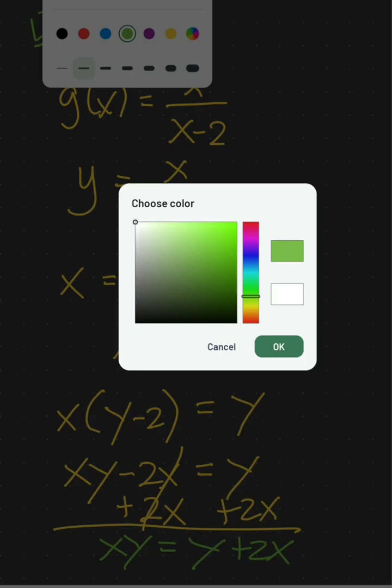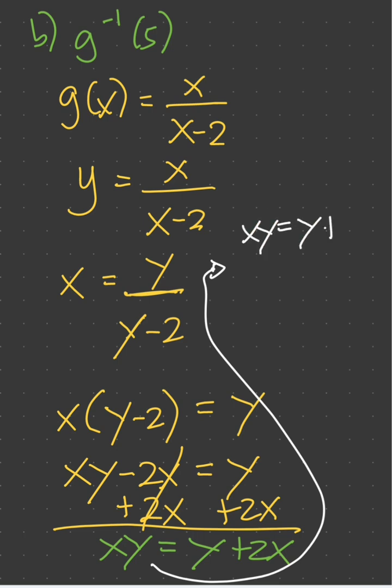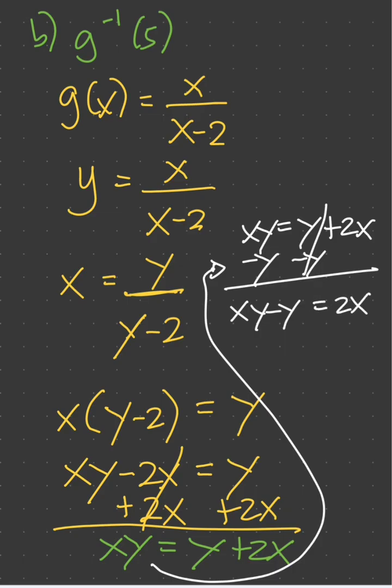Let me change the color. Okay, let's do it here. So we have xy equals y plus 2x. Then we subtract y from both sides. This cancels out. So we have xy minus y equals 2x.